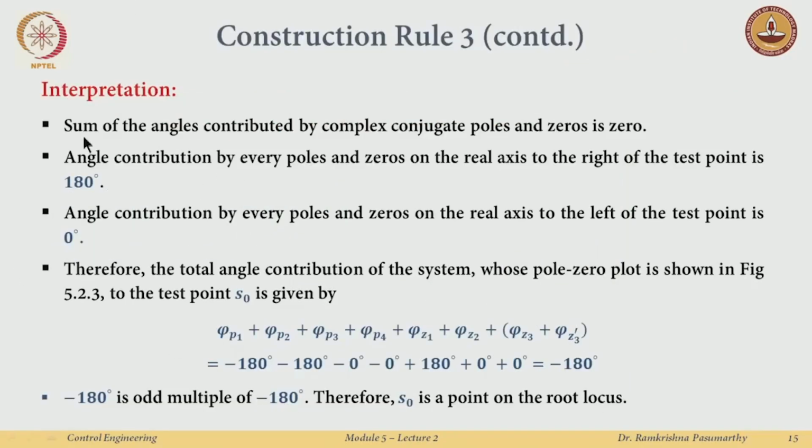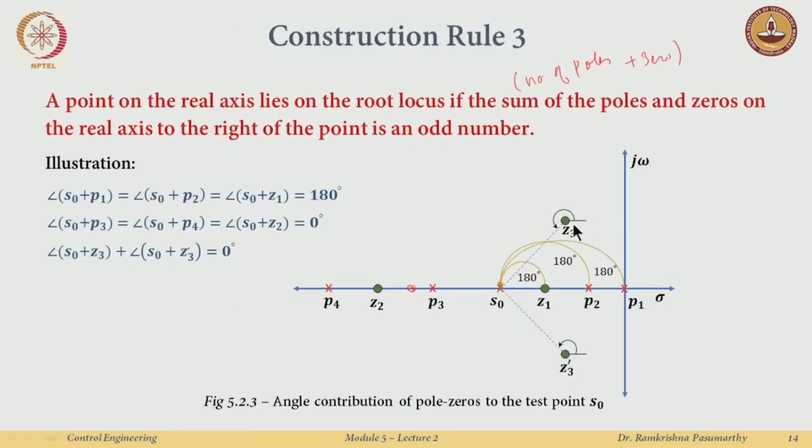What about complex conjugate poles? Well, the sum of the angles is always 0. As we can see from here, this angle plus this angle will always go to 0 or 360 degrees.